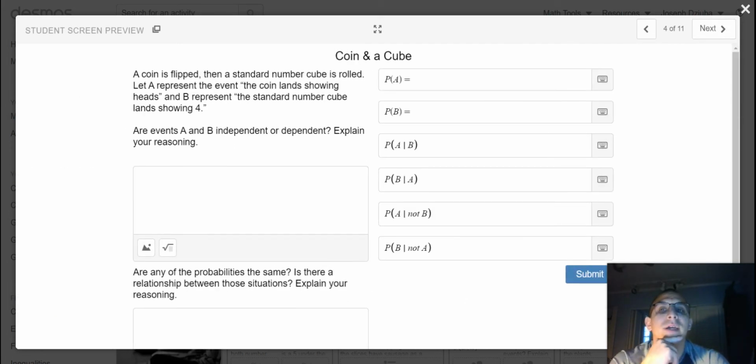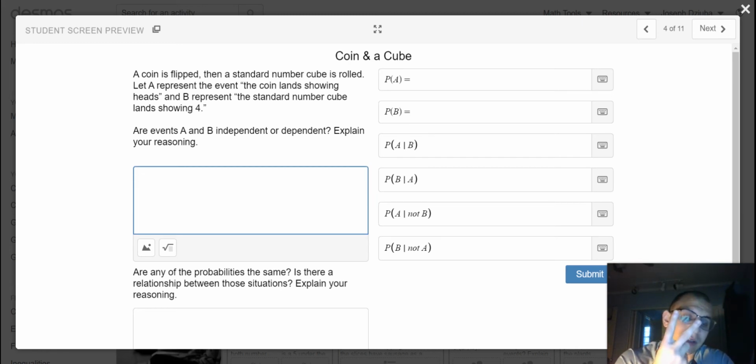So here we have a coin being flipped and a standard number cube being rolled. Let A represent the event the coin lands showing heads, and B represent the standard number cube lands showing 4. Are events A and B independent or dependent? Remember, 2 events are considered independent if the likelihood of one has no bearing or effect on the probability of the other event occurring.